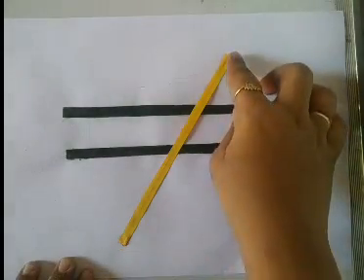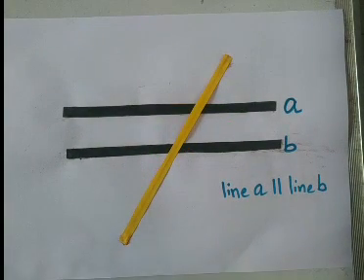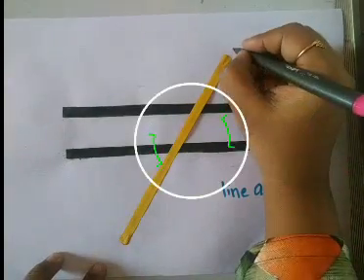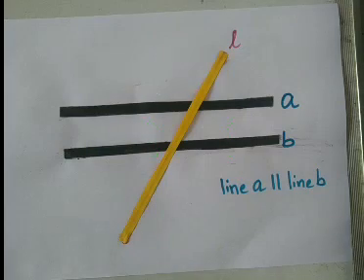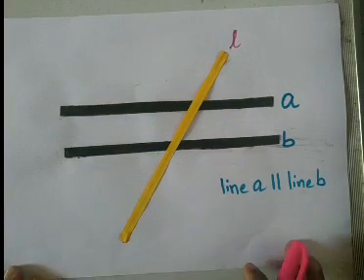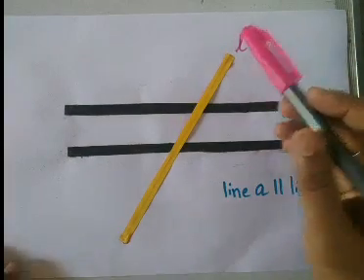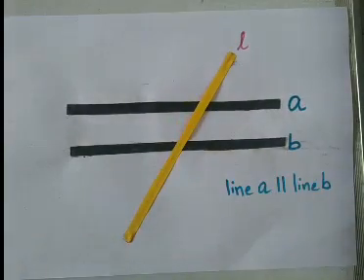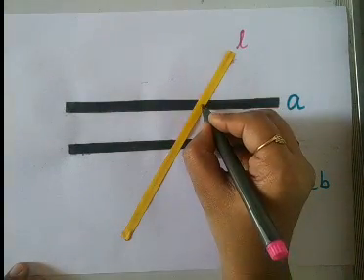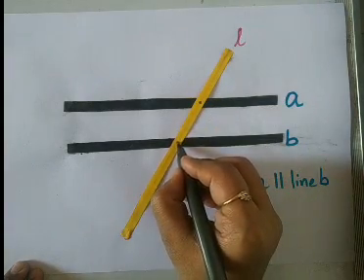Now here you can see the yellow strip, or you can say the yellow line. I am giving it the name L. This yellow line named L is intersecting the two parallel lines at two distinct points. Here it is intersecting and here it is intersecting.